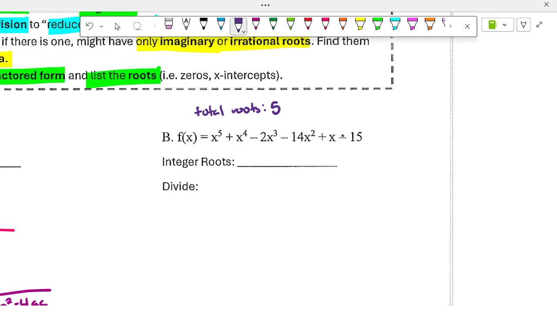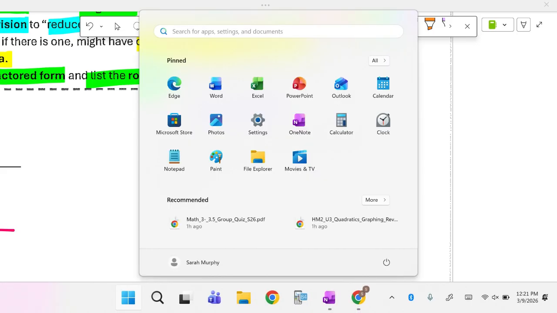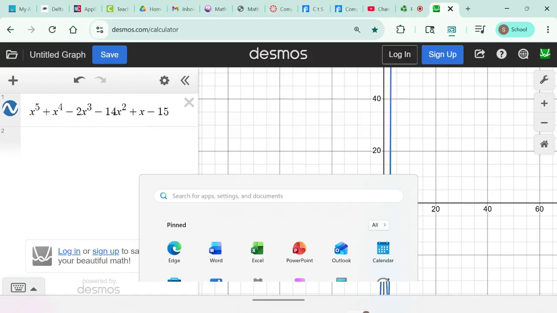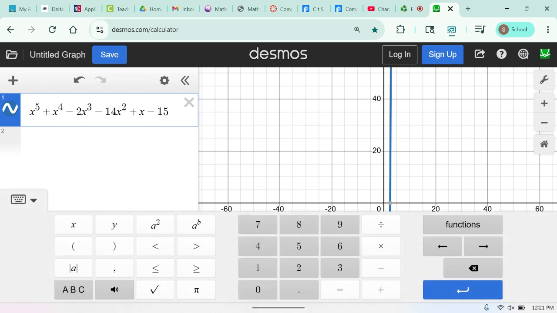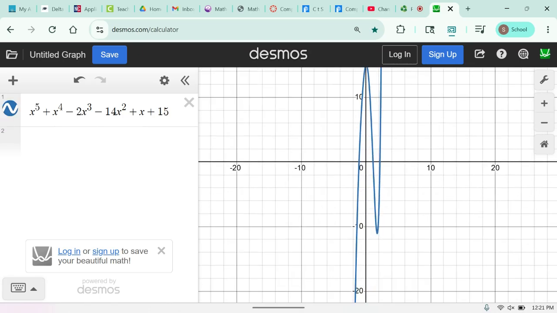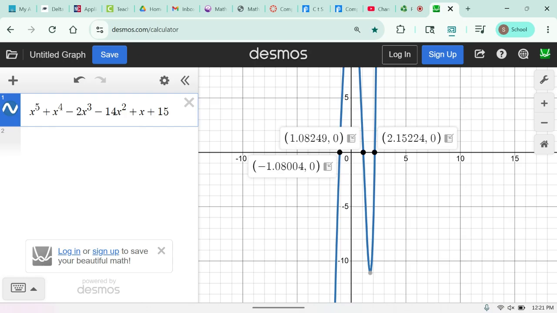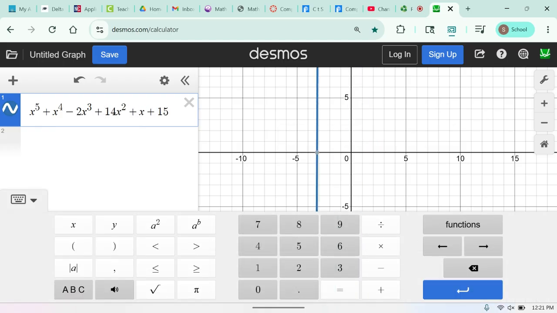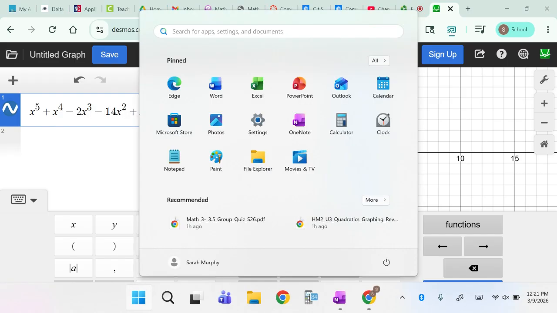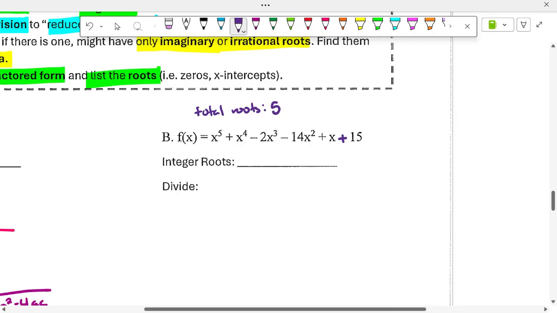Oh, I forgot, there's a typo in here. I just got to find it. Give me 1 second.